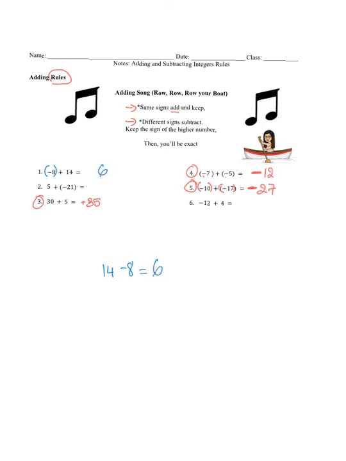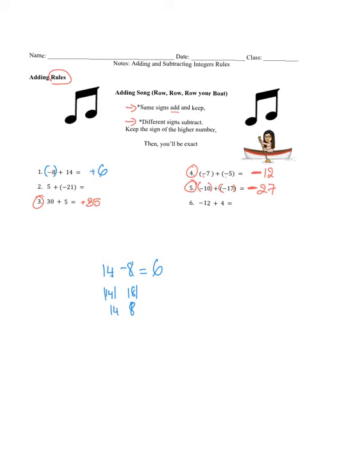And then we keep the side of the higher number. The absolute value of 14 is 14, the absolute value of 8 is 8. So 14 is greater than 8, so the side will be positive.